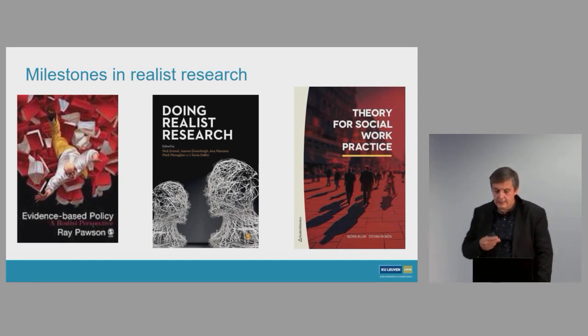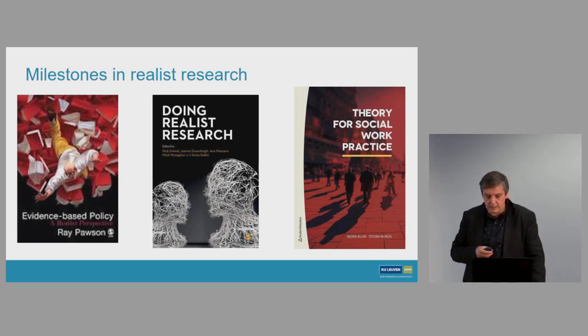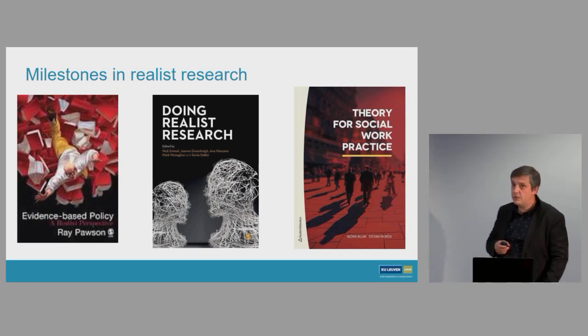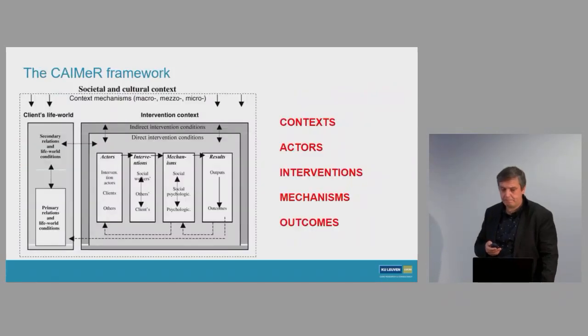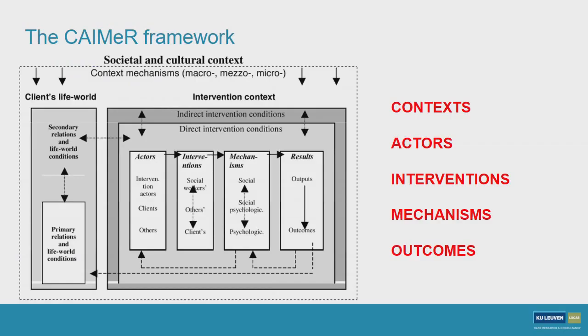And on the right, and this is for me a very influential book, is the book by Björn Blom. He's a Swedish social work researcher. The book is called The Theory for Social Work Practice, and in this book he applies realist evaluation and critical realism to the study of social work practices. In that book, he uses the Keimer framework, and the Keimer framework is a guiding framework if you want to study social interventions and the implementation of social interventions.